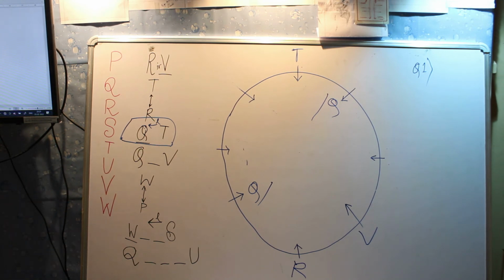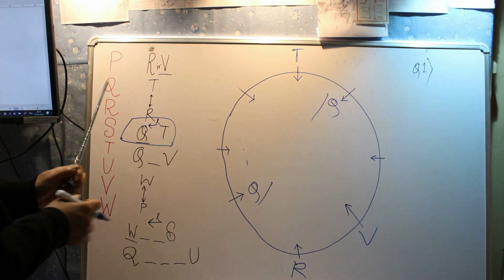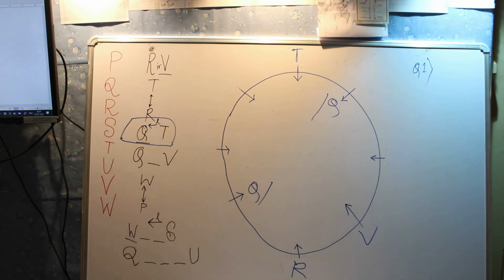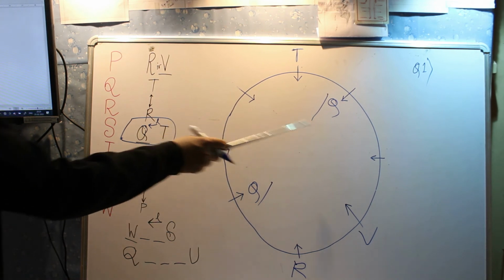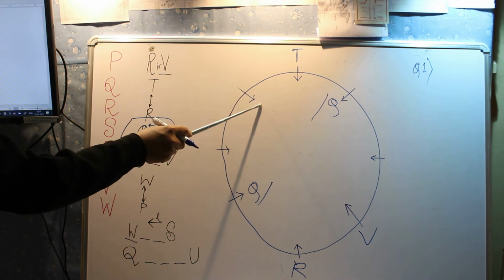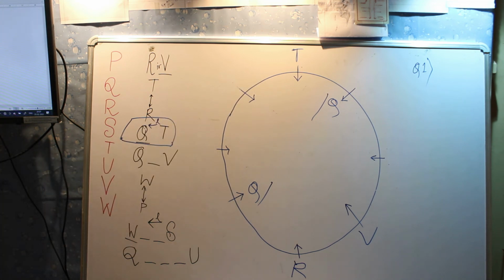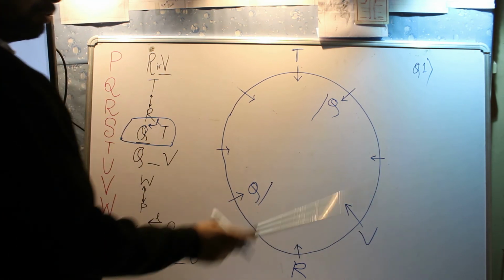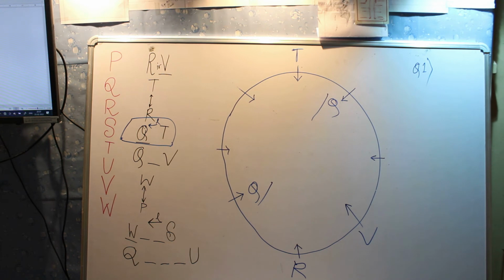W faces P. So W faces P. What are the available positions for W and P? W can be here, here or here. If I place W in this place, the opposite to W, W faces P, so this has to be P, but V has already preoccupied this place, right?